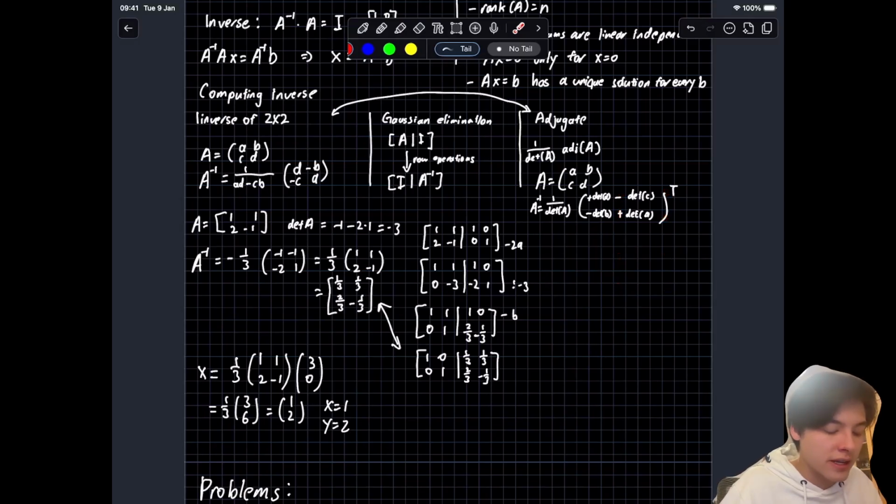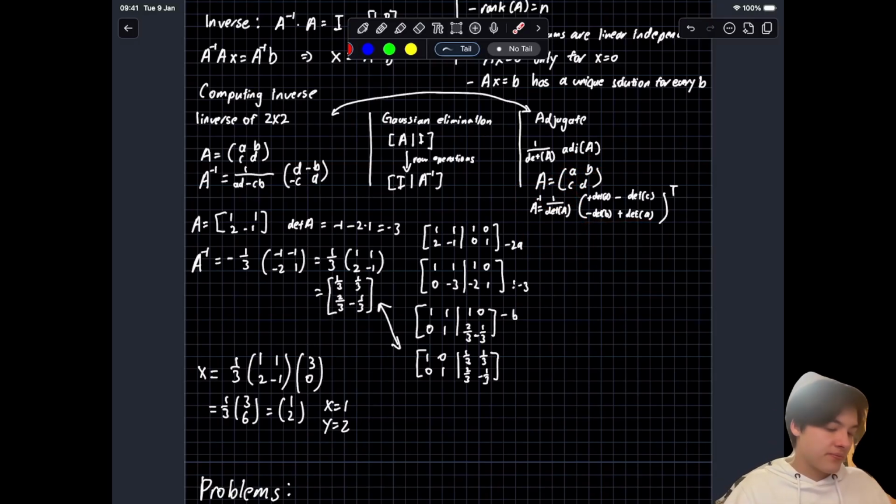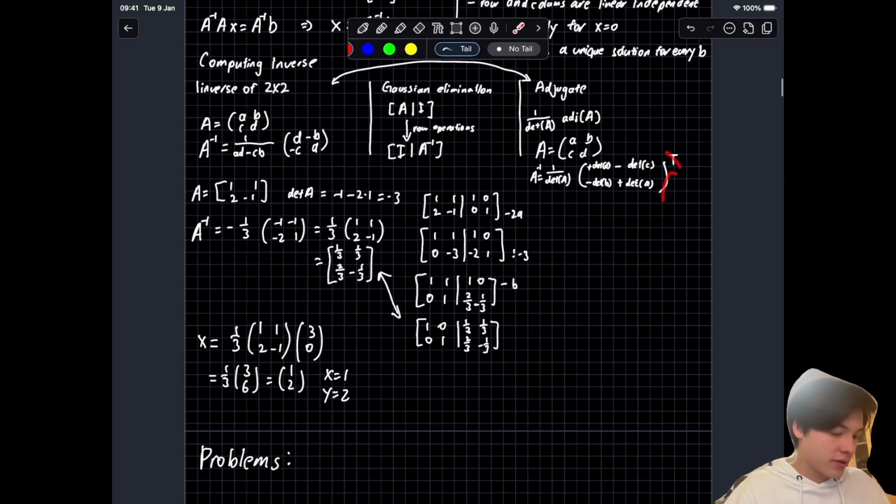So you get the gist. We always flip the signs. And then in this cell, we would not look at this row and this column, and we would just take the determinant of whatever is in here. It can be bigger. So yeah, and transpose.